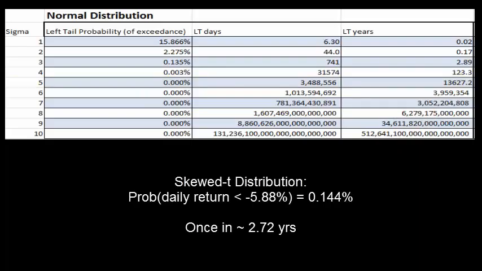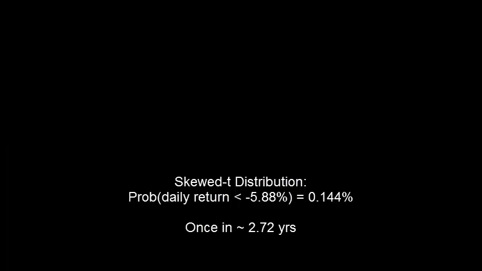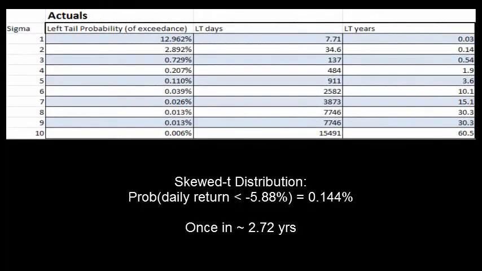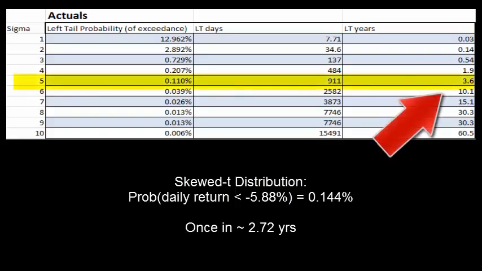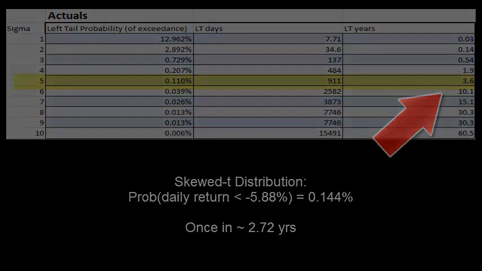The ability to model fat tails has provided a closer estimate, 2.7 years, to the realized observed 3.6 years on average. Further information relating to deciding which distribution model to select is covered in more detail in our next tutorial, Fitting Distributions. This completes the Modeling Distributions tutorial.